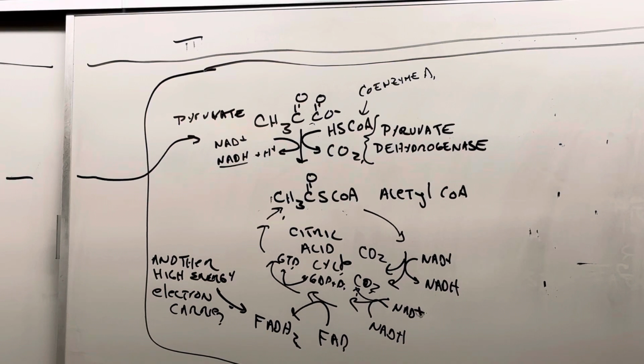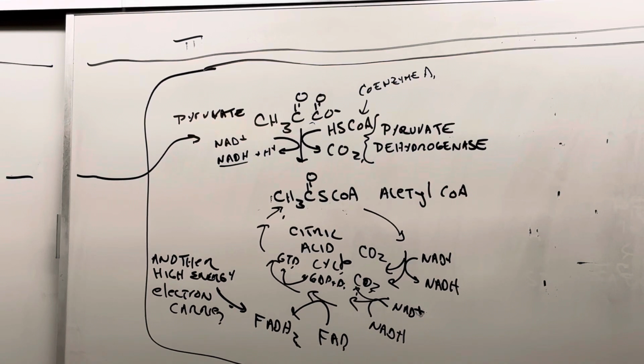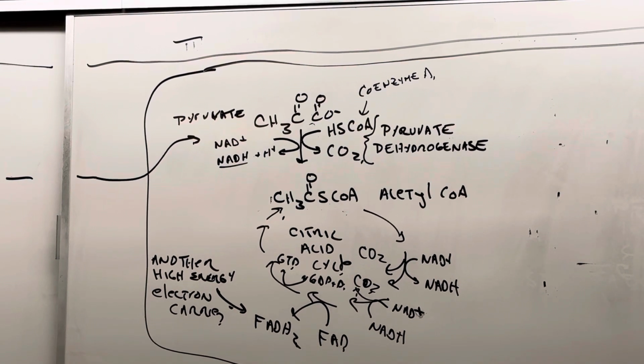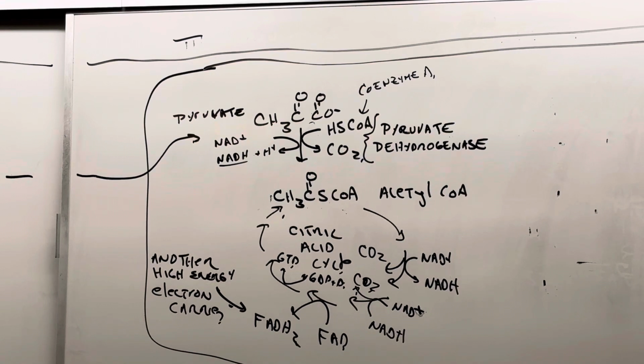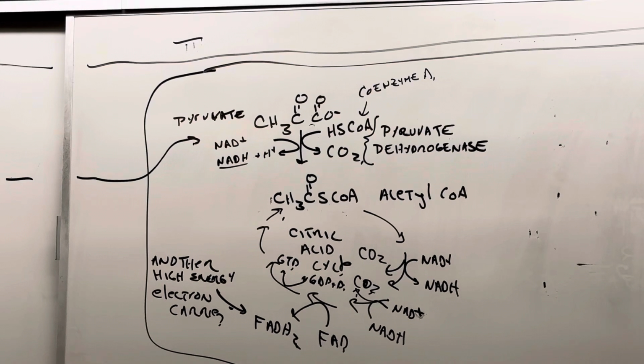The G, yeah, guanine. People kind of ignore that difference. When people talk about this, this is really like 33 ATP plus 1 GTP, but people just kind of ignore that and say, well, energetically it's the same thing as an ATP, so we'll just call it an ATP.